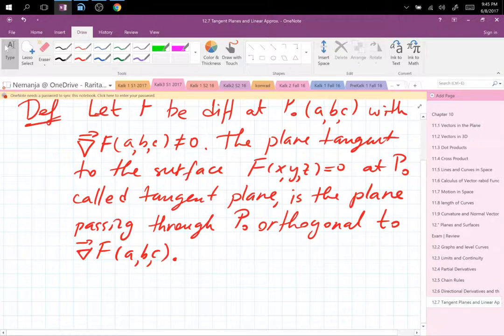And it's very easy to see that the equation for this would be the dot product between these two entities.